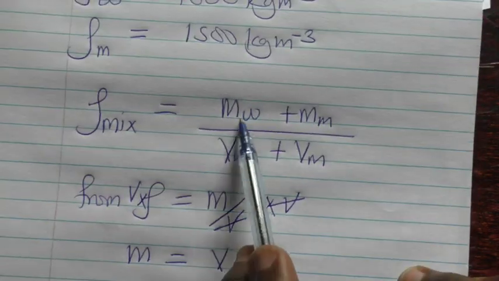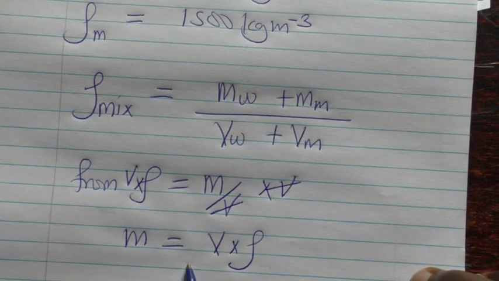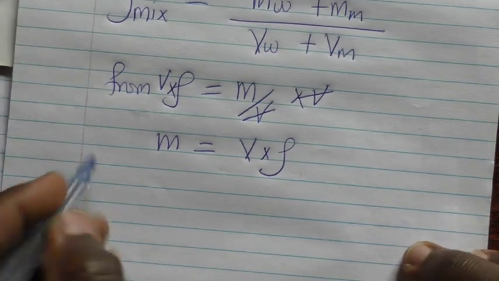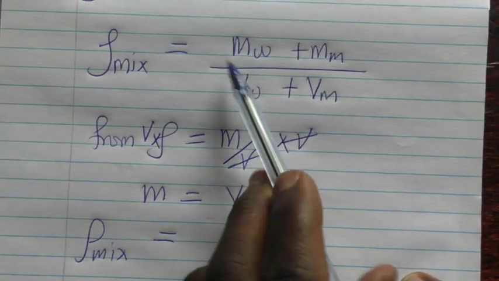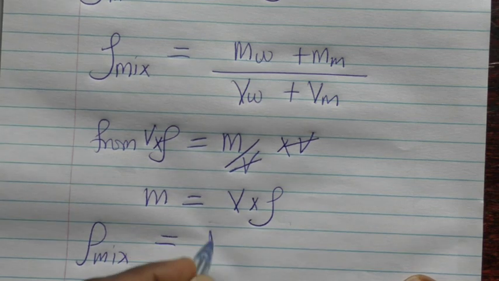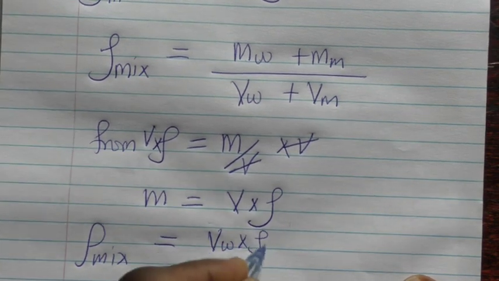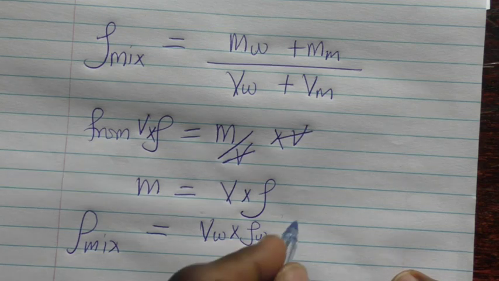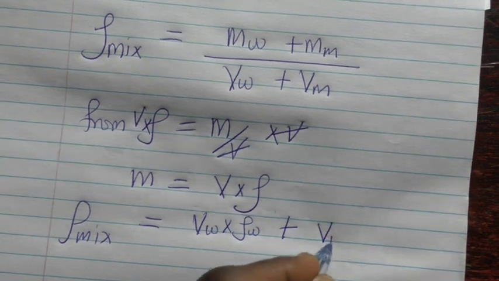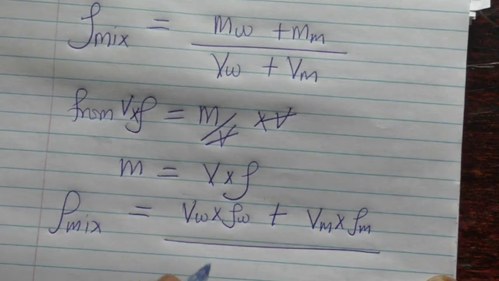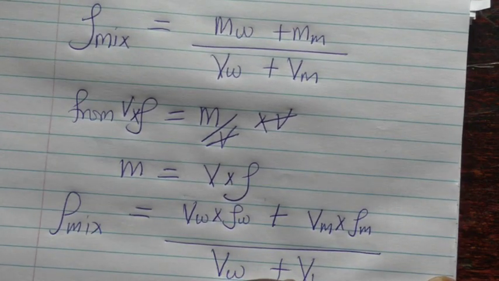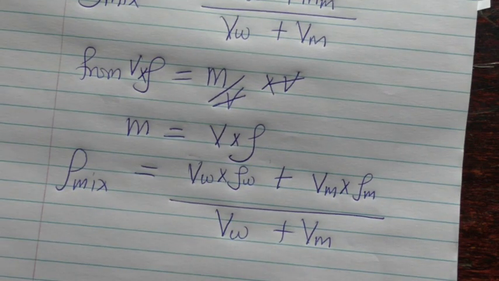So where I have mass, I can replace it with this. Therefore, the density of the mixture is the volume of water times the density of water, plus the volume of milk times the density of milk, over the volume of water plus the volume of milk. So that's how I use volume and density to stand for the masses.